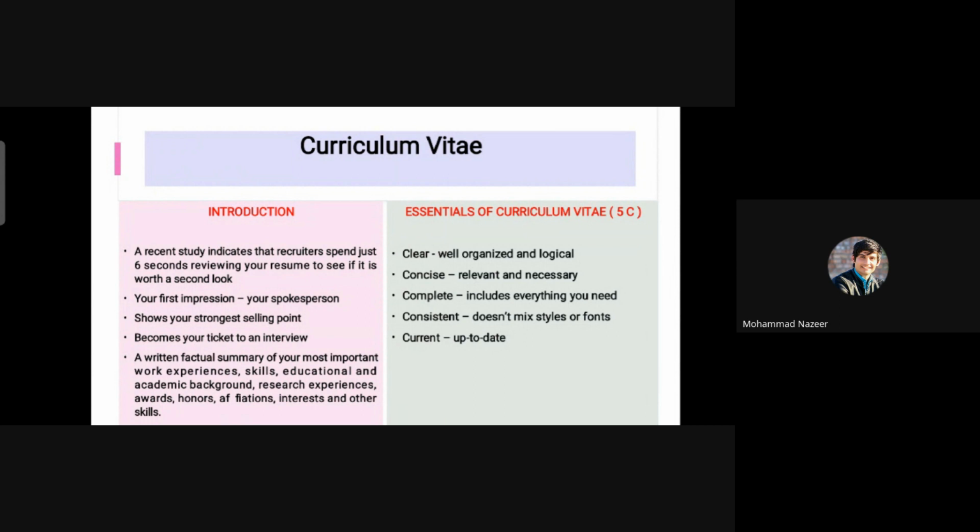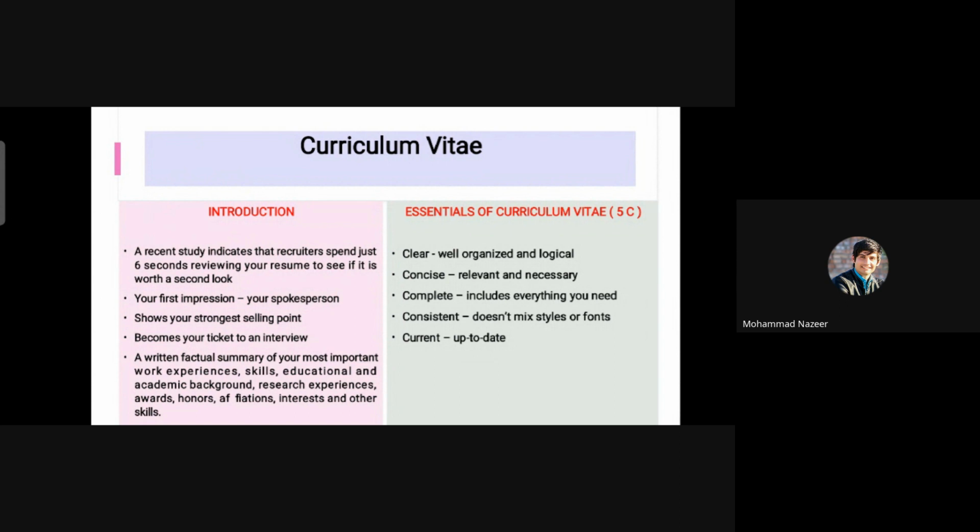So that is why whenever we are writing, all the facts, all the work experience, all the skills, including educational as well as academic background, all our research experience, as well as our awards and honors, should be included.